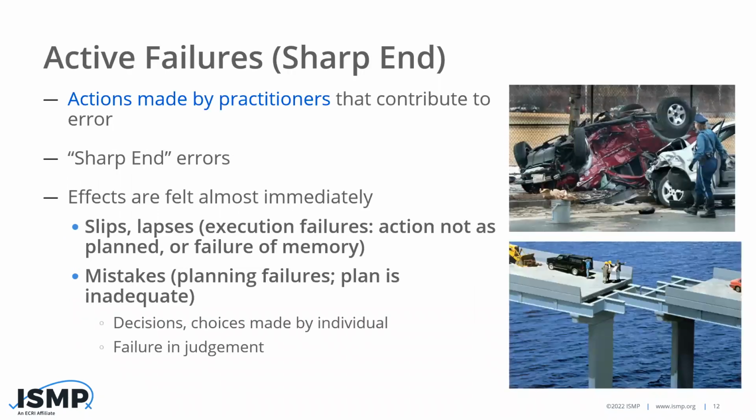Now let's contrast that to active failures, or what we call the sharp end. These are things all of us on this call today experience, right? Those are the mistakes that we make in day-to-day life. You'll see down further in the slide, slips, lapses, misreading things. How many of us on this program have grabbed the wrong drug off the shelf, have misread a drug in an order, have pulled the wrong thing off the shelf at a supermarket?